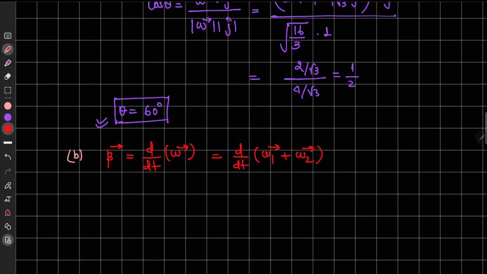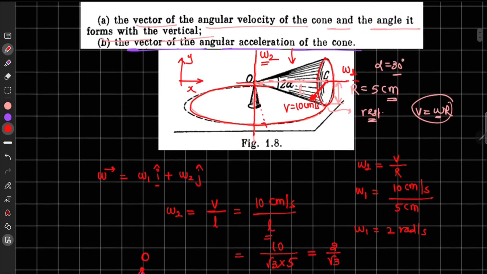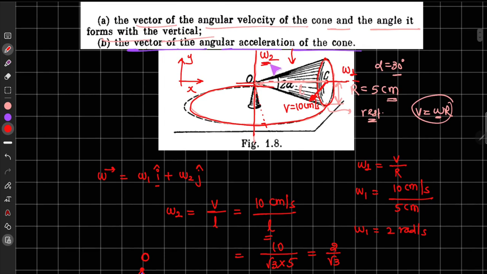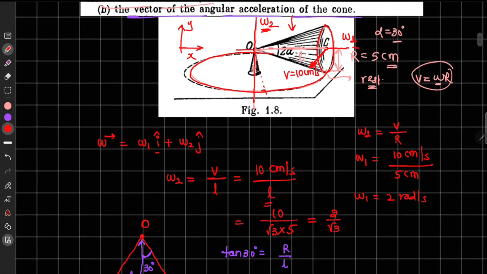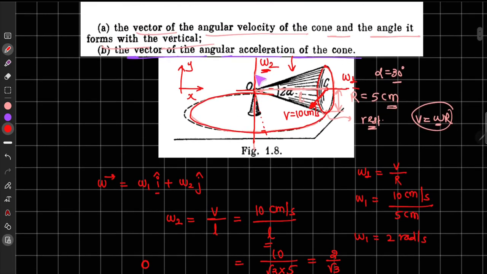Now if we carefully look here, omega 2 vector has constant magnitude as well as constant direction, because the magnitude that we have found is 2 by root 3, and the direction is always towards the y-axis. But if we talk about omega 1, if the cone is changing its position, then the direction of omega 1 is changing. But the magnitude of omega 1 is also constant.